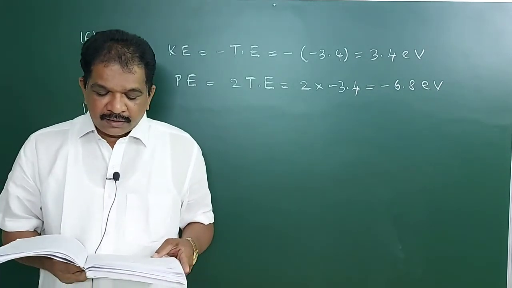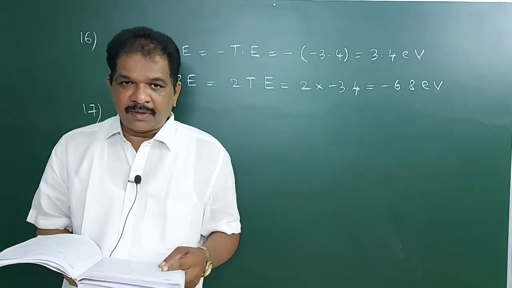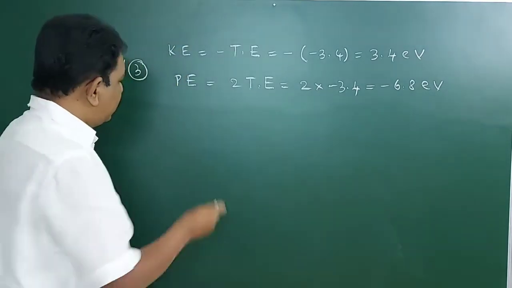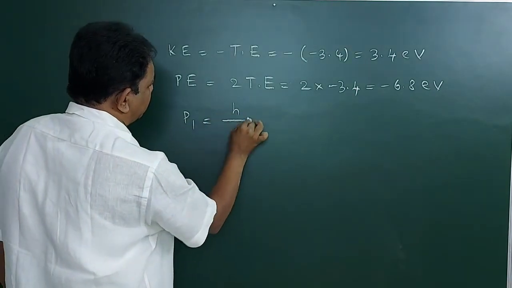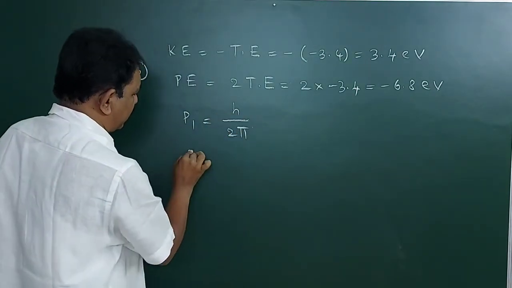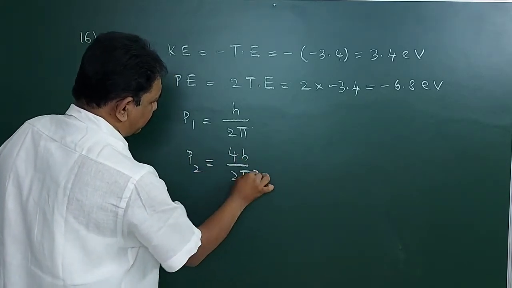Next, 17. When electron jumps from n is equal to 4 level to n is equal to 1 level, the angular momentum of the electron changes by. So, in first level, nh by 2 pi, so it becomes h by 2 pi. In fourth level, 4h by 2 pi.